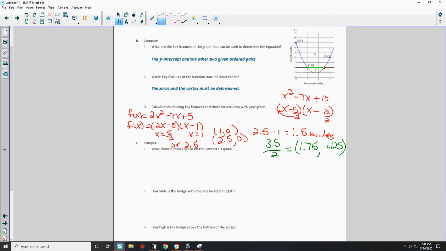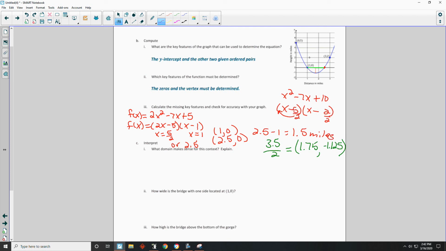So since x is the horizontal distance from 0 to 5, the domain makes sense. The domain that makes sense, x is the horizontal distance from 0 to 1, 2, 3, over to 5. Or I should say 0, comma 5, my fault.